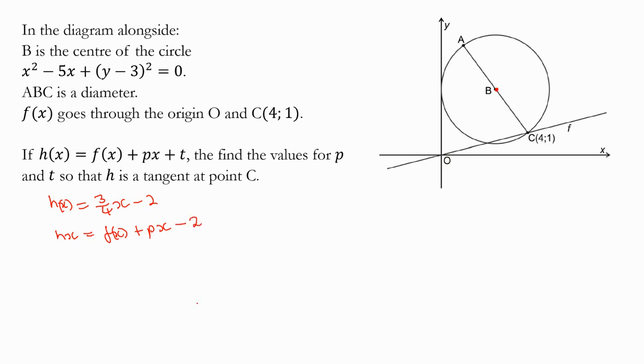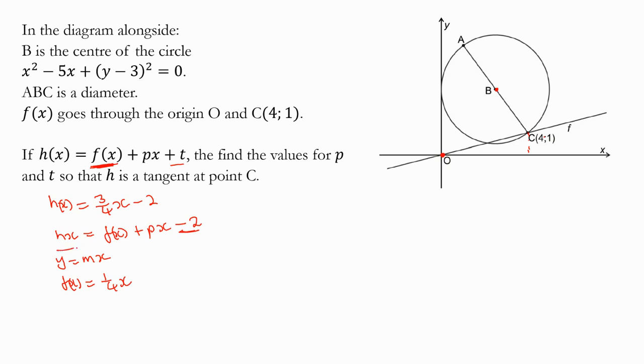So we can easily see that we have our t, which is negative 2 there. But what about p? We need to find the equation of f of x first. It will be y is equal to mx, because this line is passing through the origin. The gradient, change in y over change in x, is 1 over 4. So f of x is equal to 1 over 4 x.